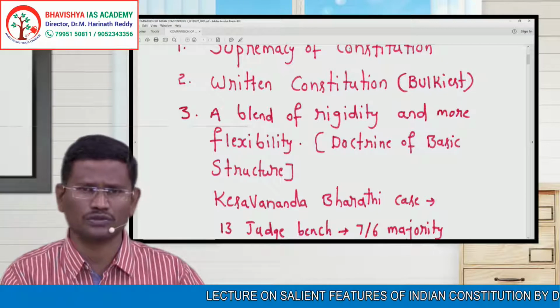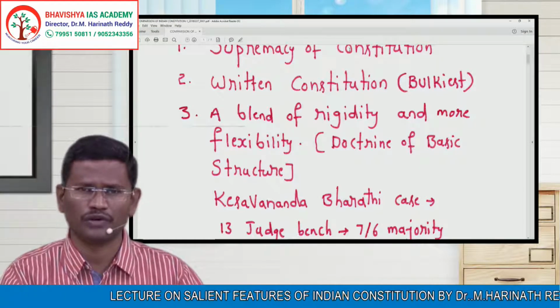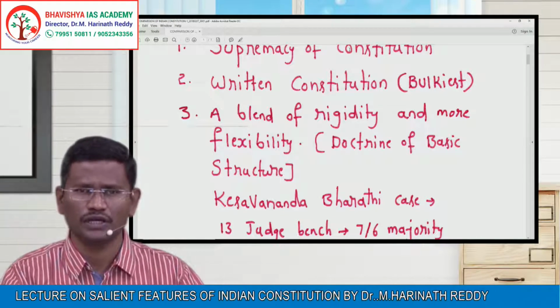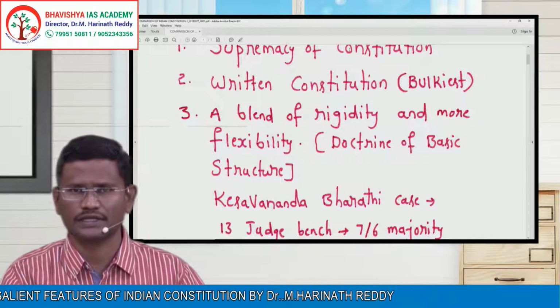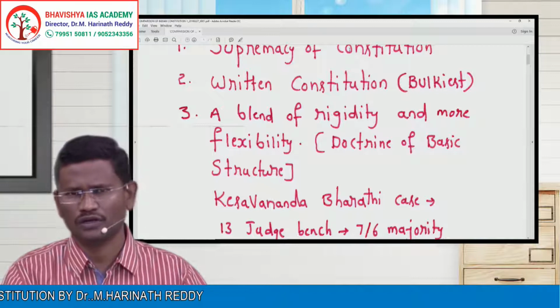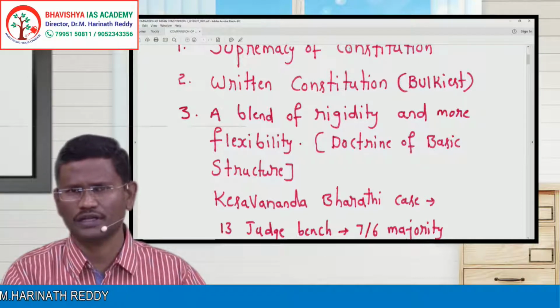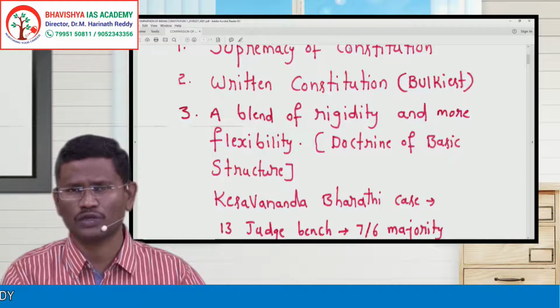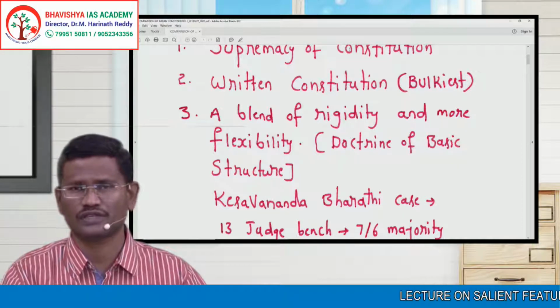Unlike the American Constitution, the Indian Constitution, from 1950 till today, in the last more than 6 decades, has been amended more than 100 times. If the Indian Constitution were rigid, it would not be possible to have more than 100 amendments in a span of just 65 to 70 years.